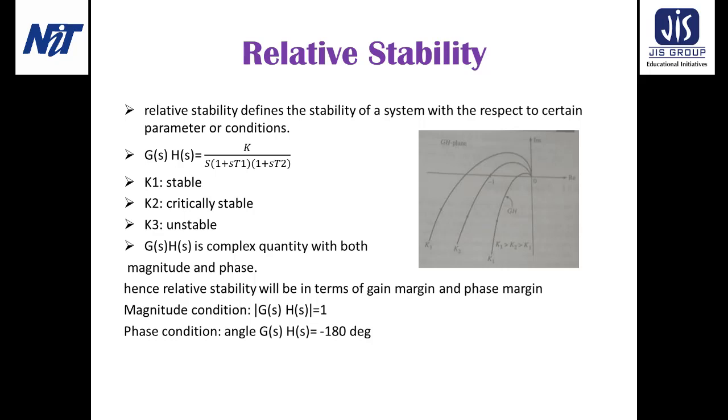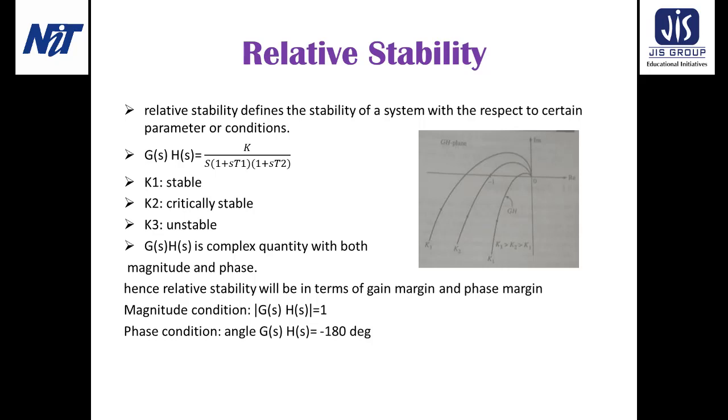The system with gain K1 is actually stable, as seen from the corresponding plot. That means with proper design, we can increase the gain beyond K1 before the closed loop system goes to instability. In other words, we have a margin of gain to play with before the system goes to instability. In this case, the gain margin is positive.